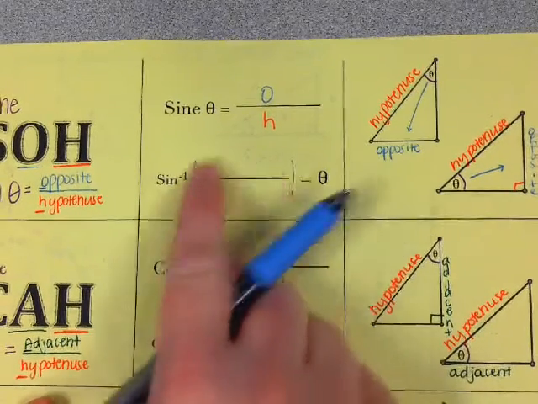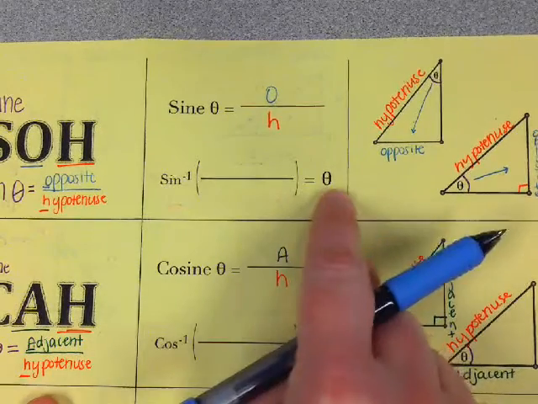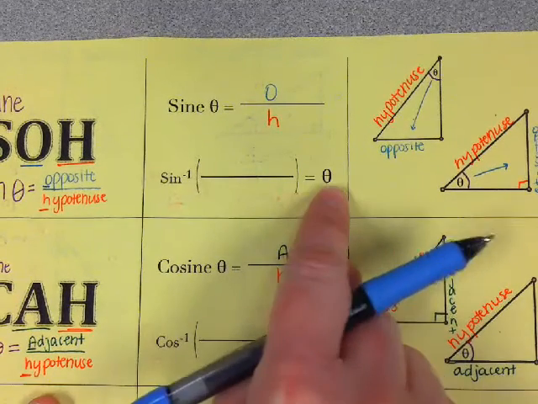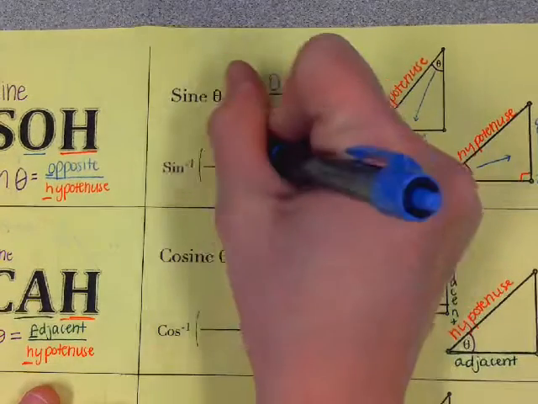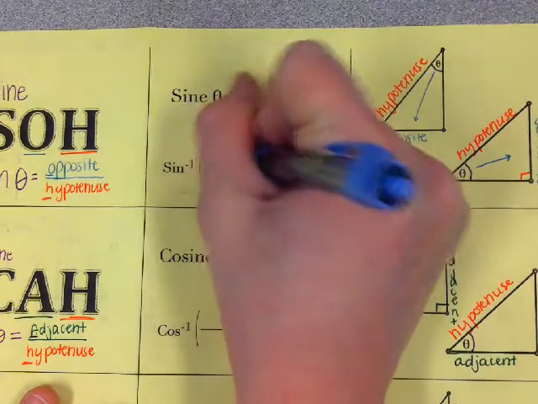Okay, so notice it says sine inverse of parentheses equals theta. So if you're looking for the angle, then you still do the same thing.